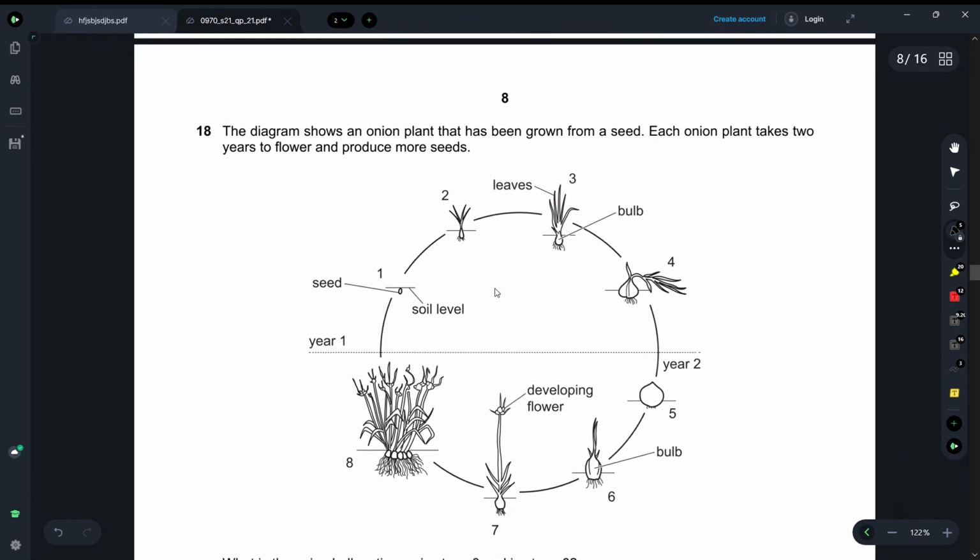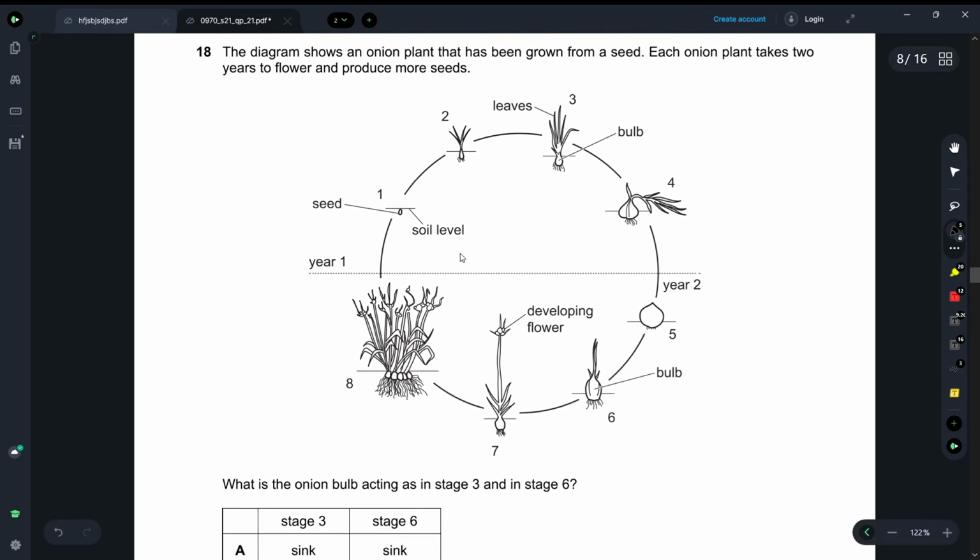Okay, question 18 says the diagram shows an onion plant that has been grown from a seed. Each onion plant takes 2 years to produce and 2 years to flower and produce more seeds. So there's a seed that turns into a little plant, then leaves are formed, and then a bulb is made, and through the bulb comes another plant. Then in year 2 another thing happens, and the cycle just continues.